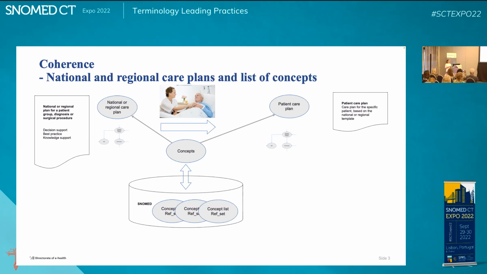For regional or national care, the nursing process is being used. To keep up with best practice, regional initiatives for care plans were established, and therefore health regions in Norway started collaborating with each other to make national care plans.